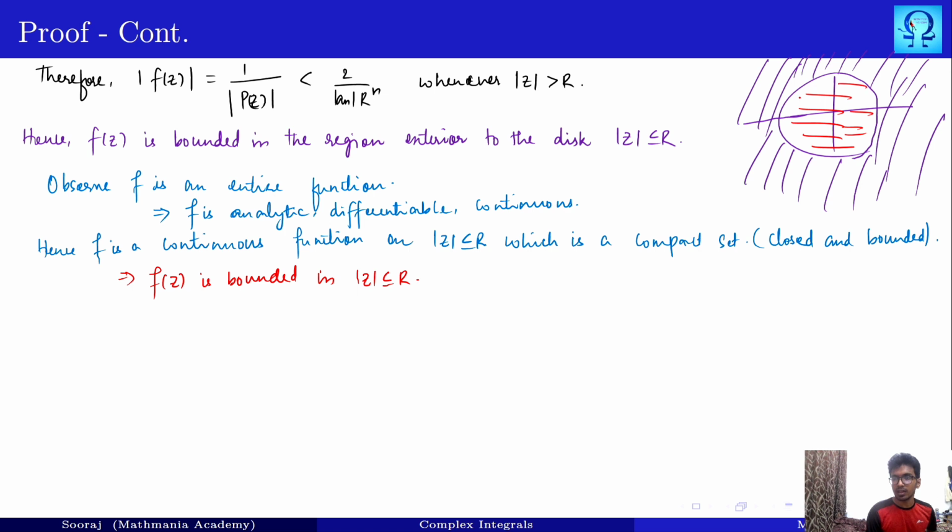That is what we are saying using the compactness of the disk. Okay, so combining these two things together, f of z is a bounded function on entire C.